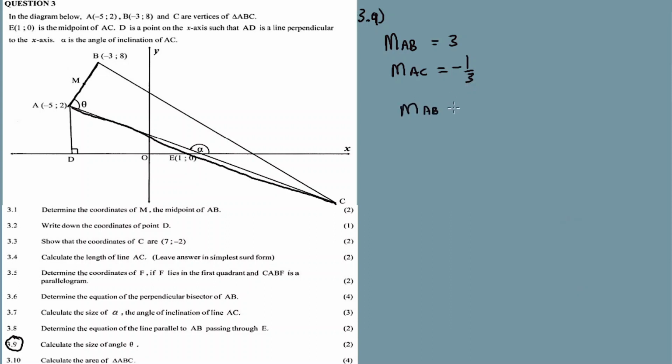Gradient AB times the gradient of AC with 3 times negative 1 over 3. Nang multiply la, ngizothola minus 1. Go now multiply my gradients and then you get to minus 1. What's the meaning of that? They are perpendicular. So it means that line AB is perpendicular to line AC.